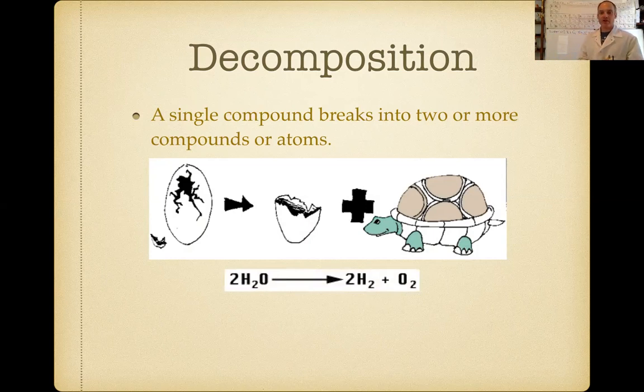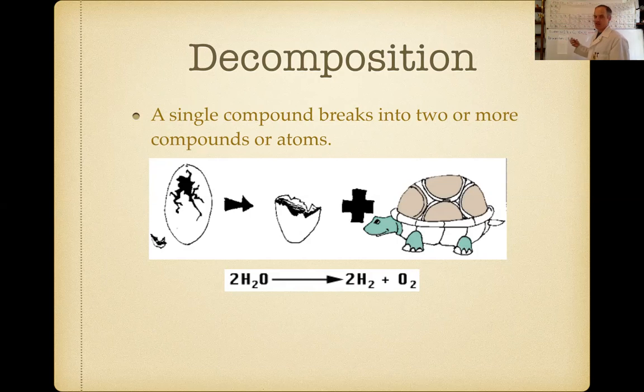And this one is the opposite of the example we saw before. We have water breaking apart into hydrogen and oxygen. We've seen this in the lab before, back when we were in the lab together. We had to use the Hoffman apparatus, if you remember that, and electricity to break water apart.